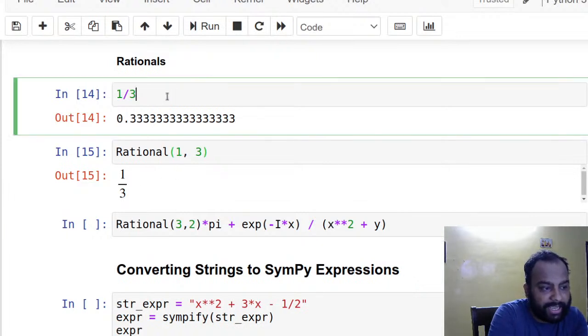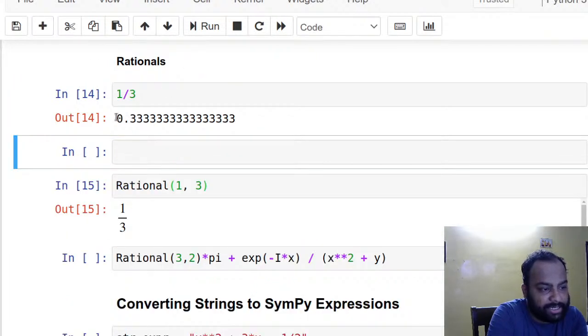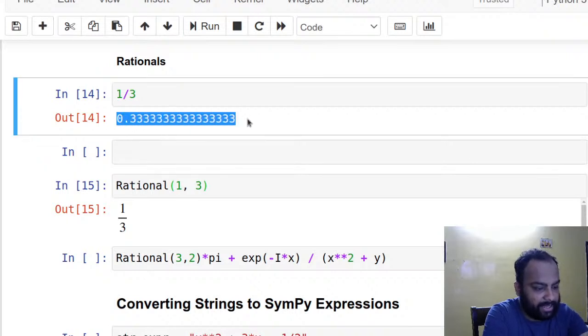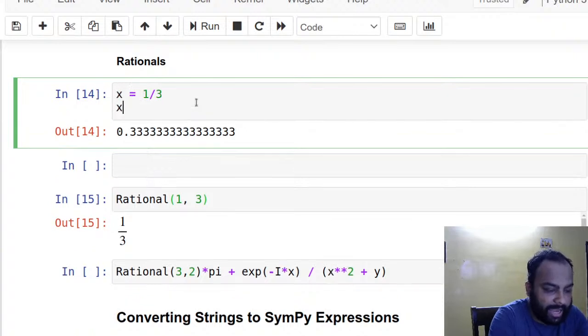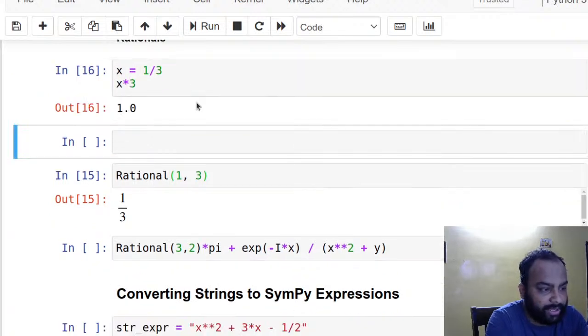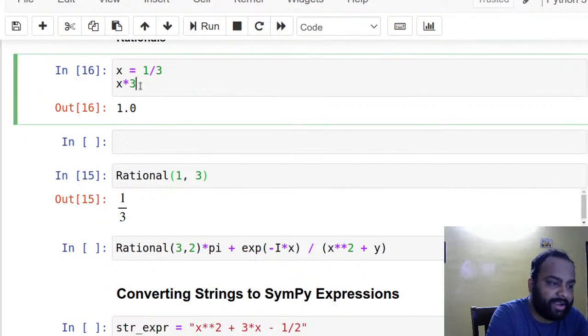Try to understand: if I say x equal to this, and multiply this with 3, I'm getting 1, because that was the representation here.